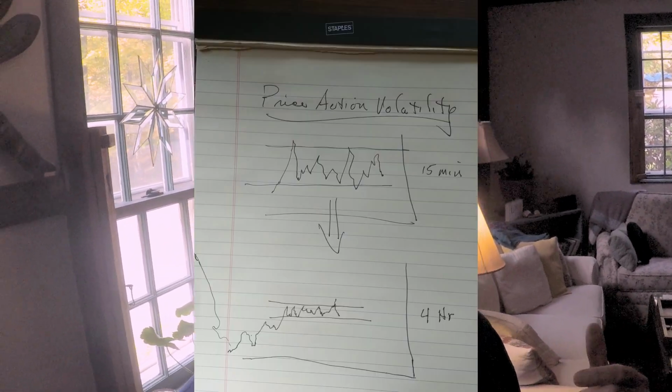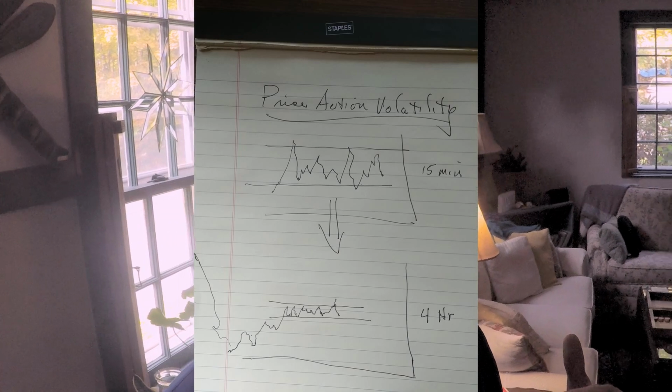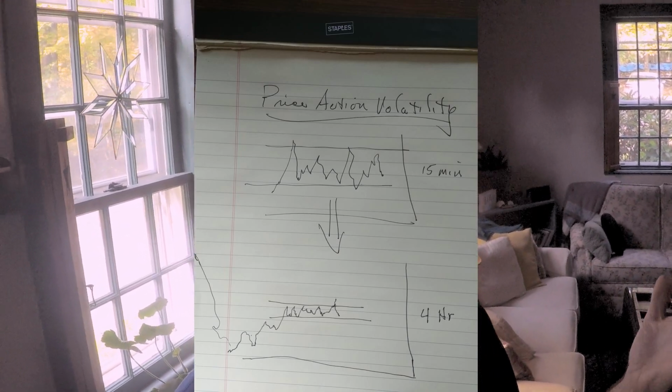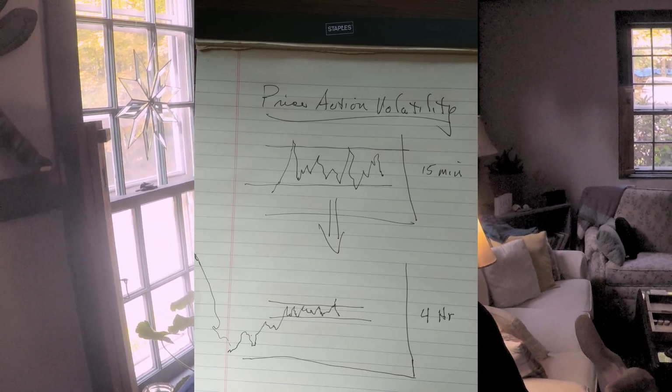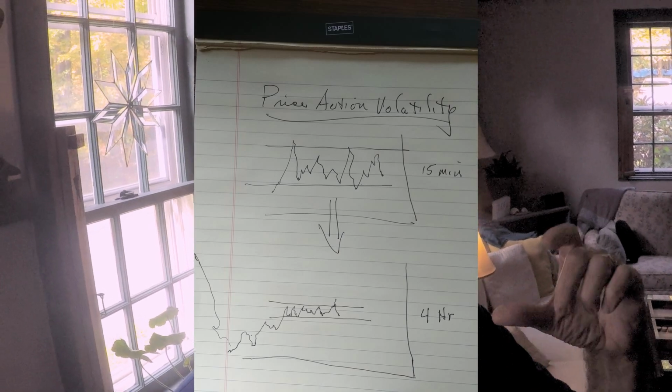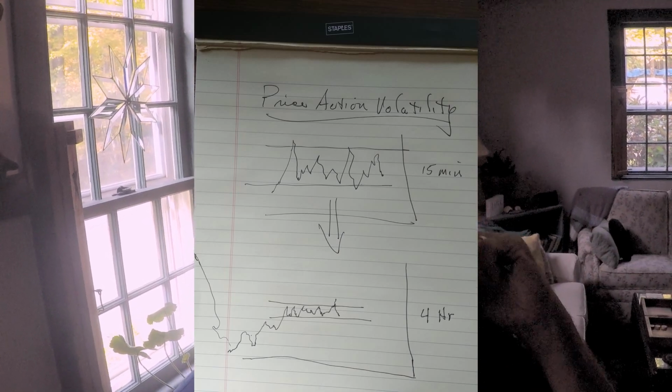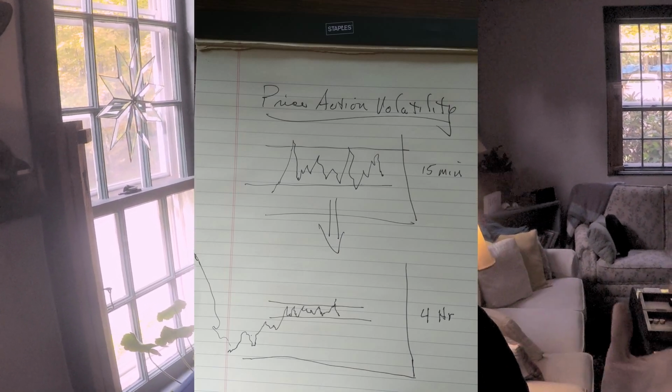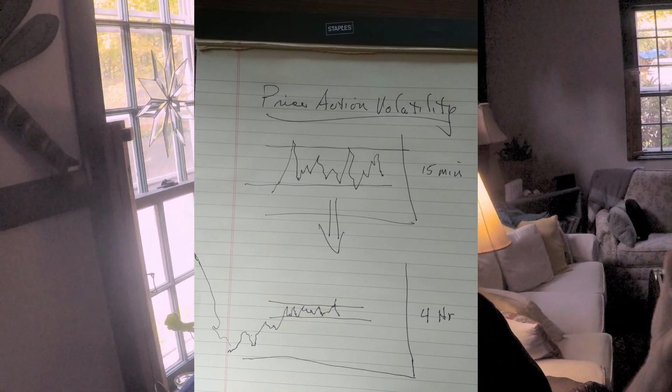And I think what you'll see is, I'll throw this picture up that I drew for somebody the other day who had asked me to describe this. You can see that on the top figure, I'm on a 15-minute time frame, and you can see all the chop that's involved. But then you go down to the second part of that diagram, and you can see that I've gone up to the 4-hour.